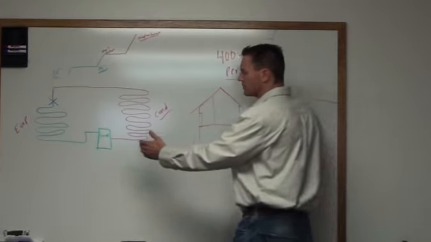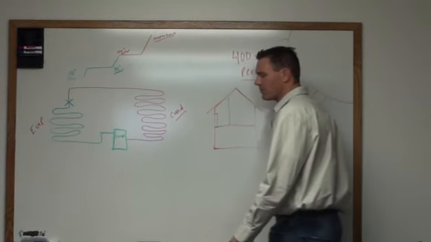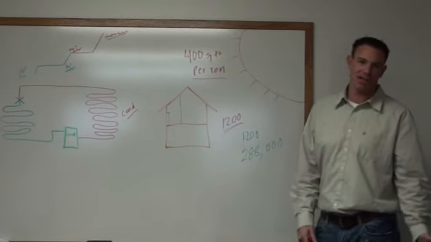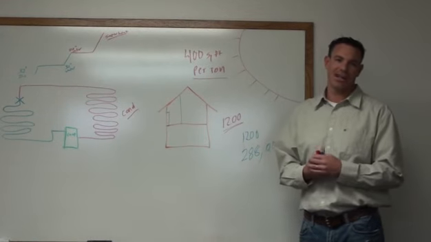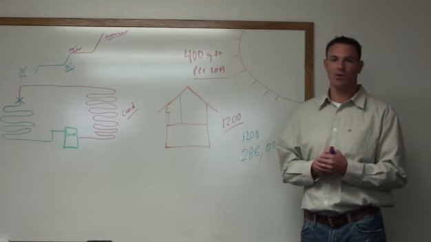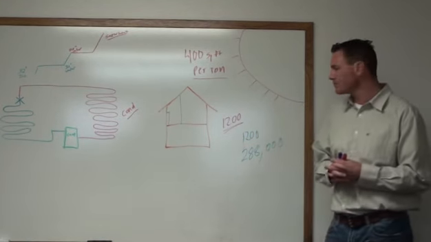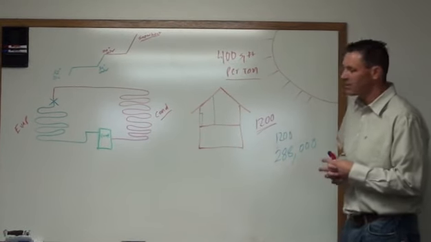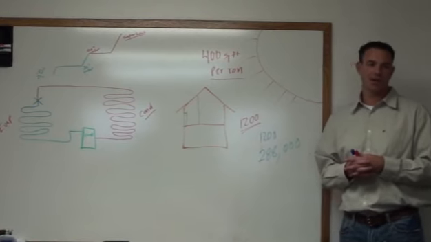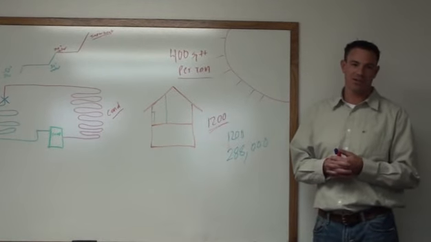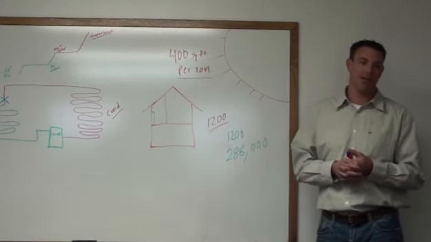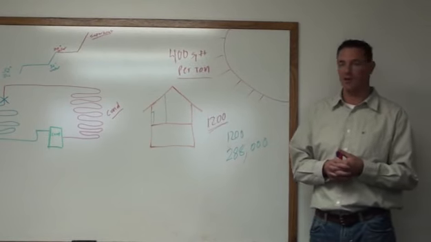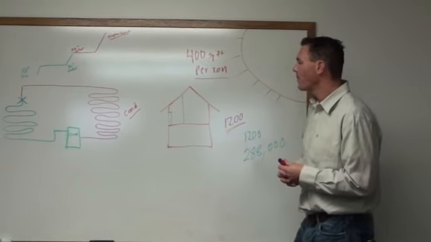A compressor is going to have a refrigerant in it, most likely an R22, which is an HCFC, or a hydrogen chlorine fluorine carbon mixture, which is environmentally friendly. It could also have an R410A in it, which is a hydrogen fluorine carbon mixture, which has no chlorine in it and would be even more environmentally friendly.